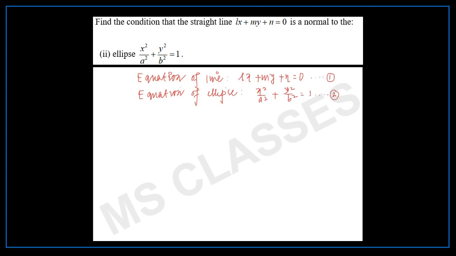So if we represent this, we get the Cartesian plane, x prime, y prime, and we take here the ellipse. This is the ellipse we consider. This point is a comma 0.